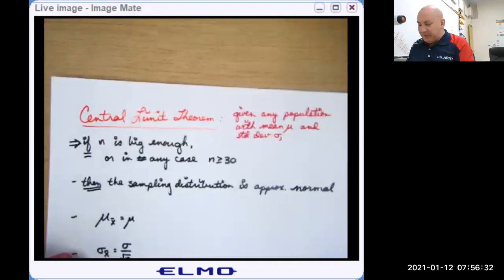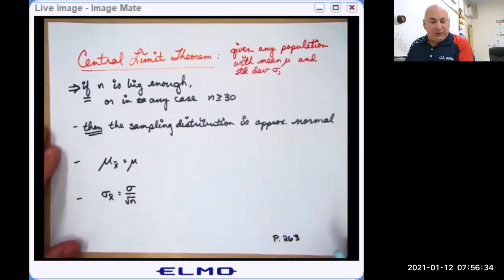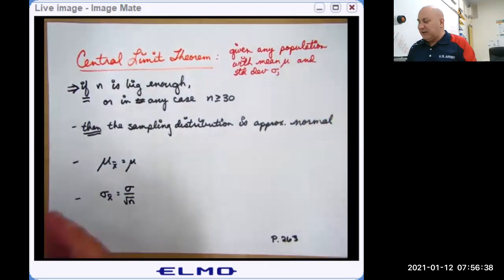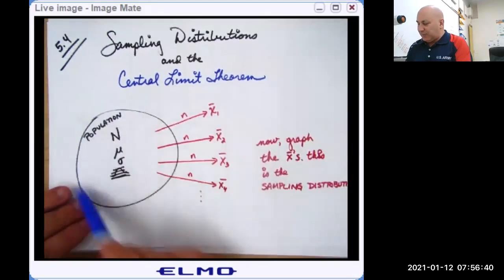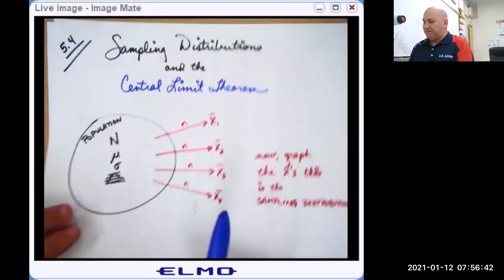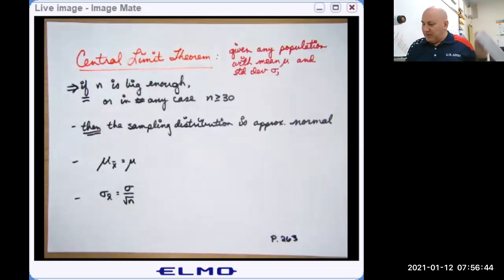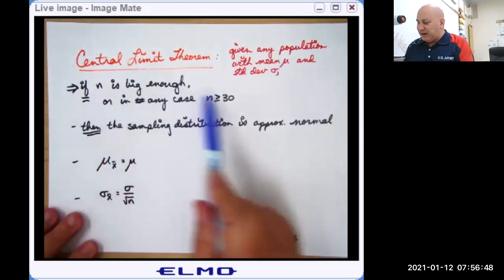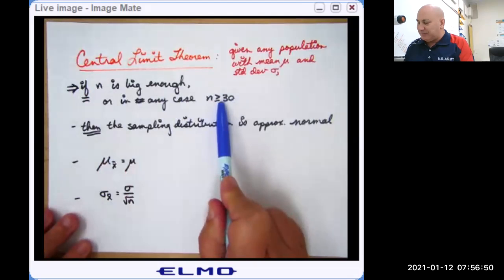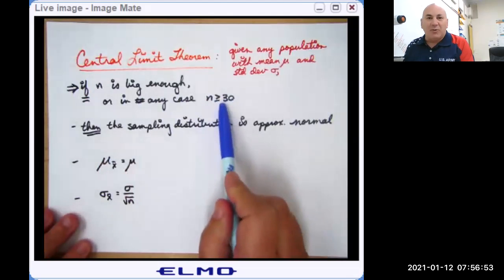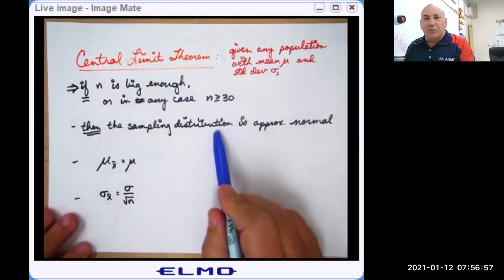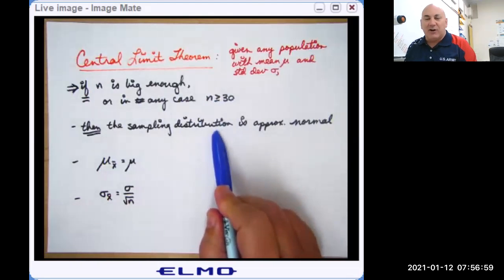And the central limit theorem says if you take that population that has a mean of mu and a standard dev of sigma, in other words, here's our population, and your sample size is big enough, or in any case greater than or equal to 30, 30 will always be big enough, then the sampling distribution will have three things you can count on.